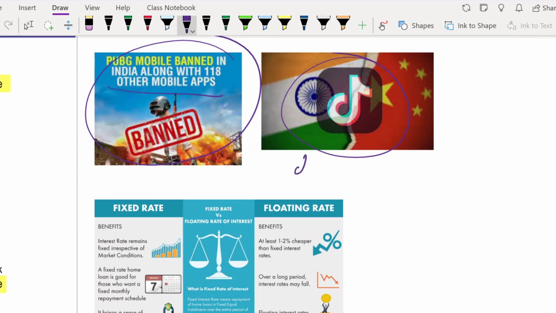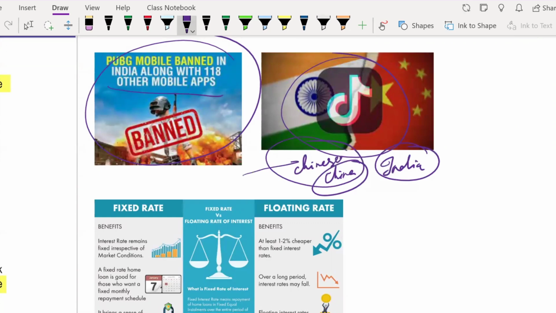Now, this was a Chinese company; the roots of this were in China. What happened? The Indian government and the Chinese government had a clash, due to which the Chinese companies were being affected. This was not in a direct sense, but in an indirect sense. So here the Chinese company is an overseas investor, that they are not in India, they are overseas.